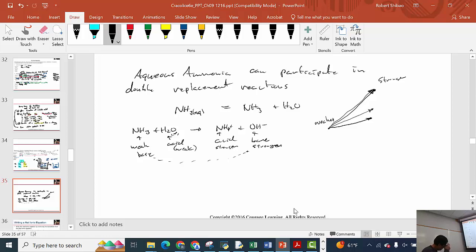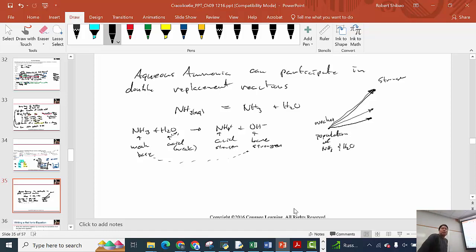What we have to think about is we have to think in terms of a particulate level. At the particulate level, there are a whole bunch of ammonias and a whole bunch of waters. And so down here we have a population of ammonia molecules and water molecules.